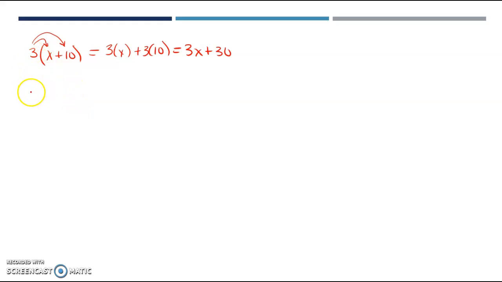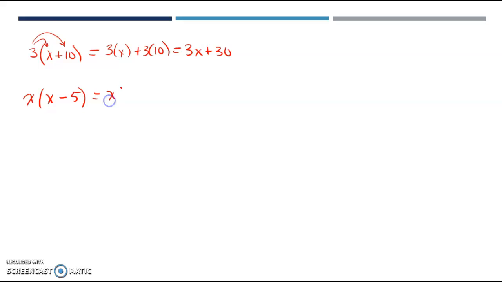I can do it with variables as well. I can have a variable on the outside times a variable plus, well, here, let's make this minus 5. Again, I'm still going to do the same thing.